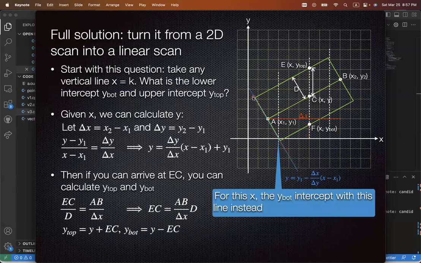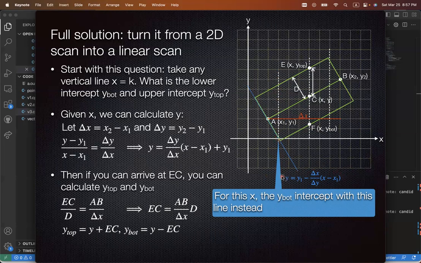Well, if you draw this line, you can see this line is perpendicular to the line AB. And so the slope is going to be the inverse times -1. So it's delta X divided by delta Y and the negative of it. And you can quickly see this is the correct formula for this line that this vertical line is intercepting. And what is this line?